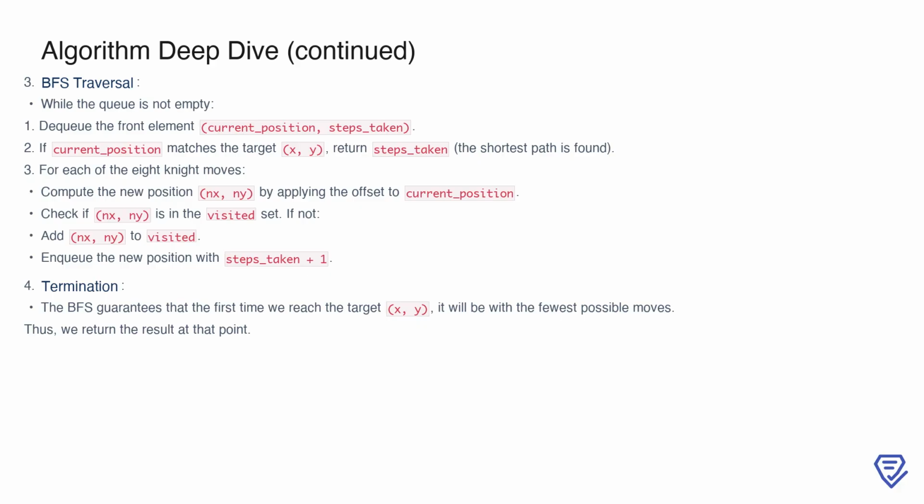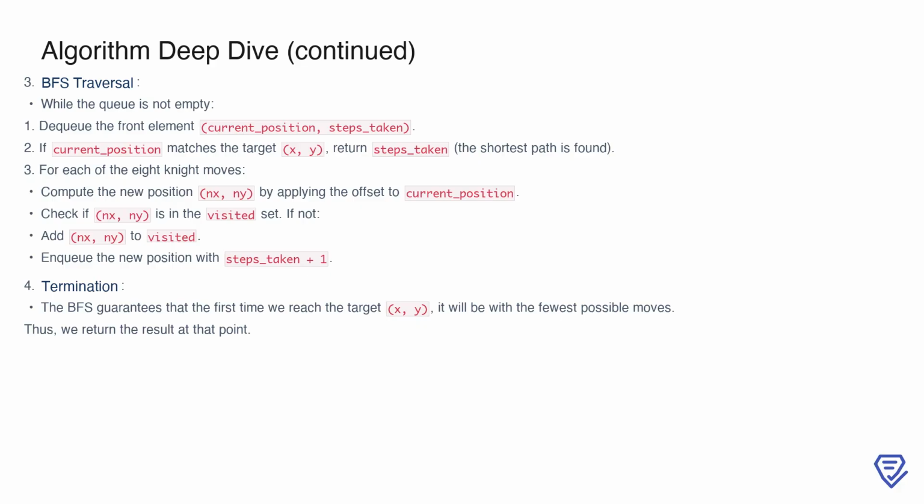For every potential move the knight can make, we calculate the resulting position by applying one of the predefined offsets. If this new position has not already been visited, we mark it as visited to avoid processing it again in the future. Then, the new position, along with the incremented step count, is enqueued for further exploration. The process continues until we dequeue the target position, at which point the result is returned.